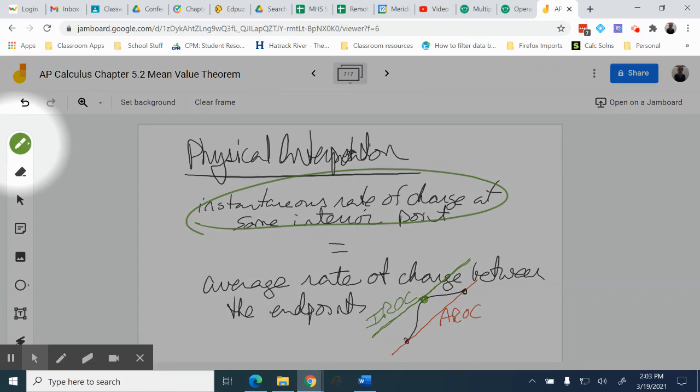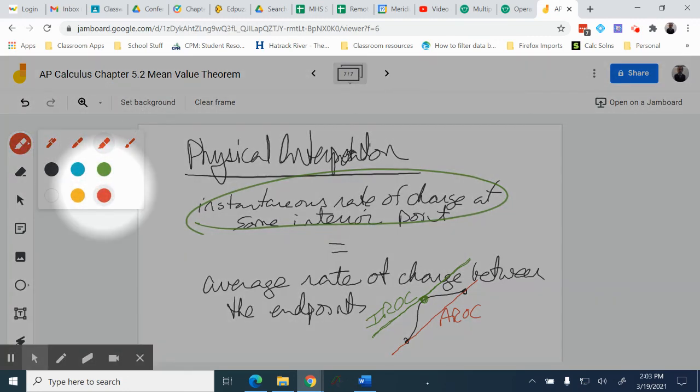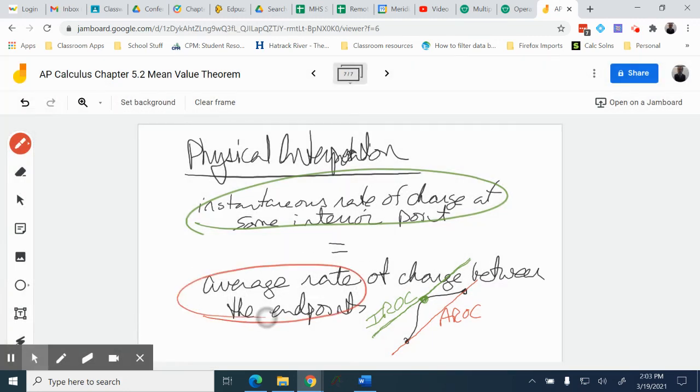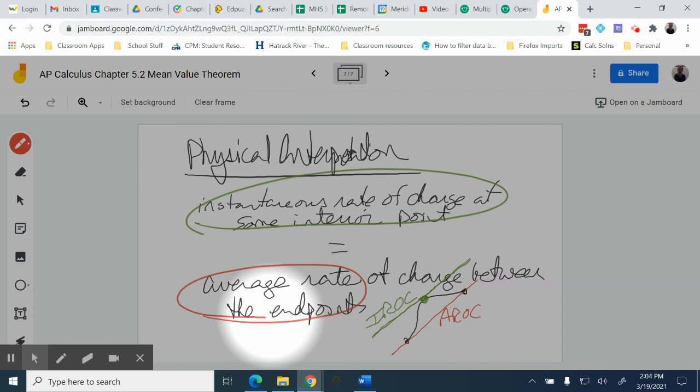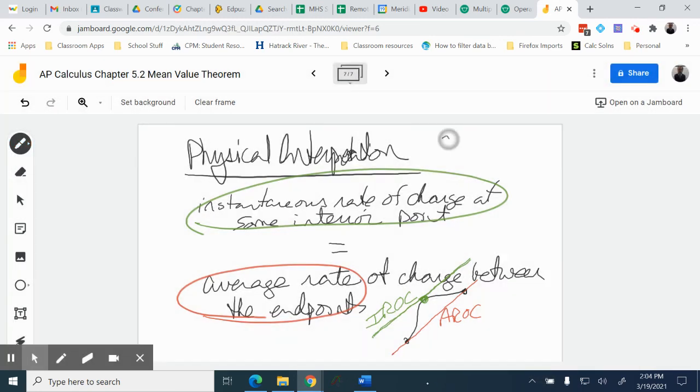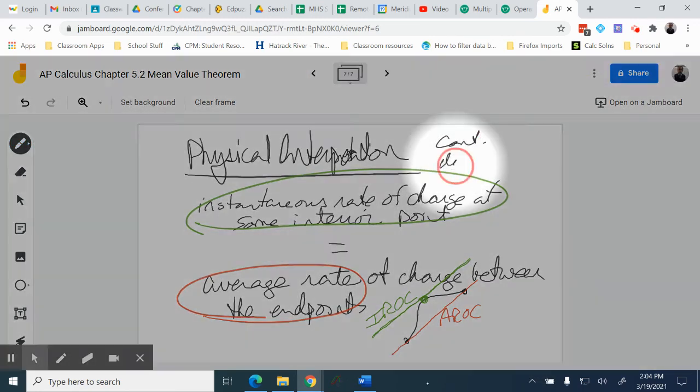That one must be equal to that one, assuming that we are dealing with a continuous and differentiable function.